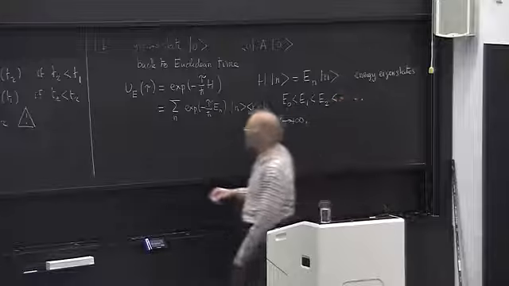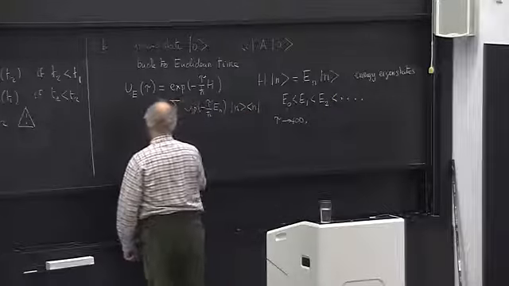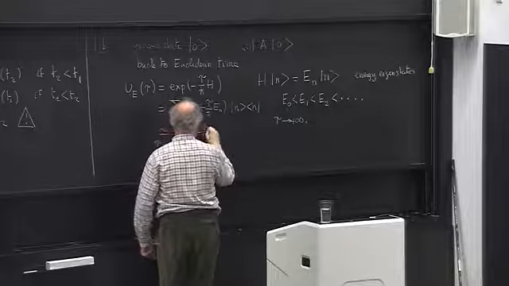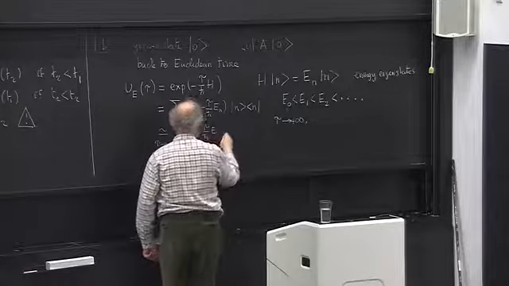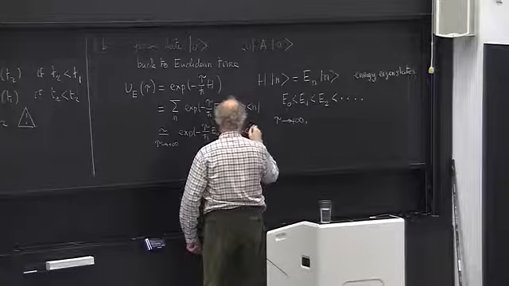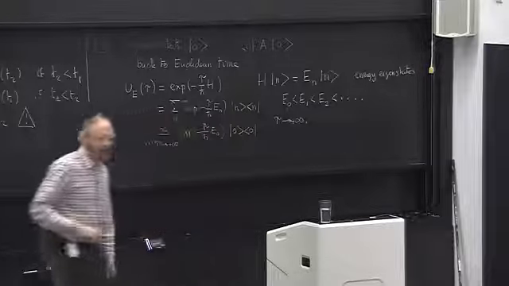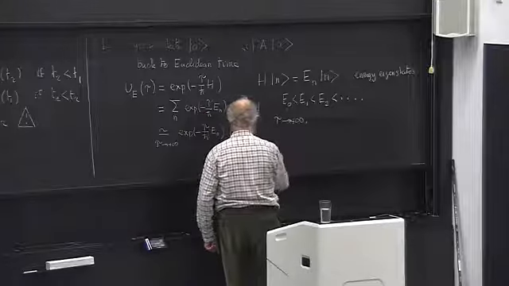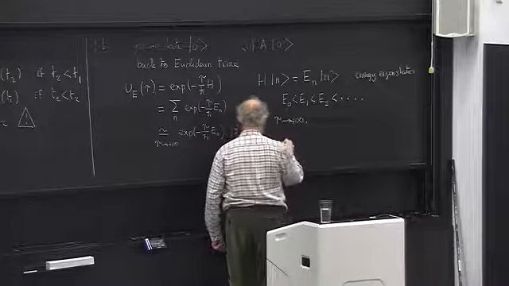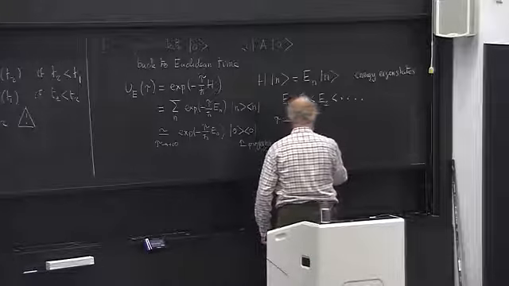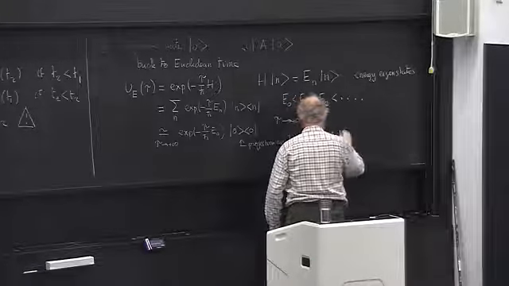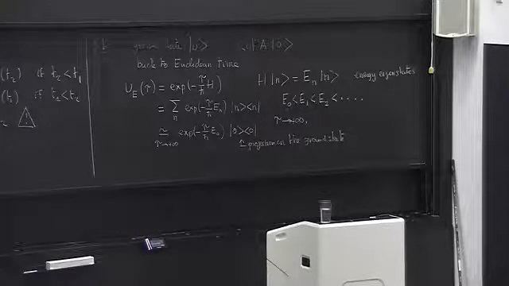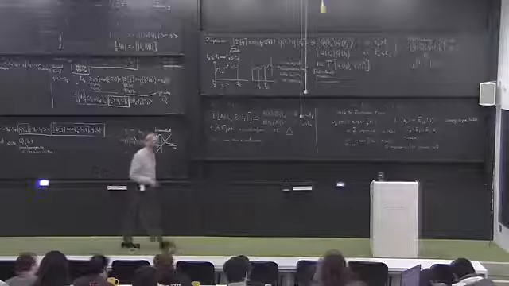So when tau goes to infinity, this is the same as the exponential of minus tau over h bar E naught times the projection on the ground state. This is quite easy to see.